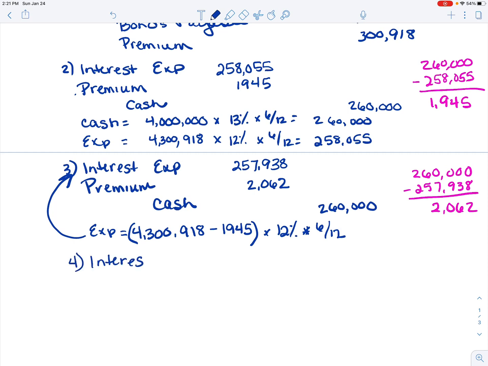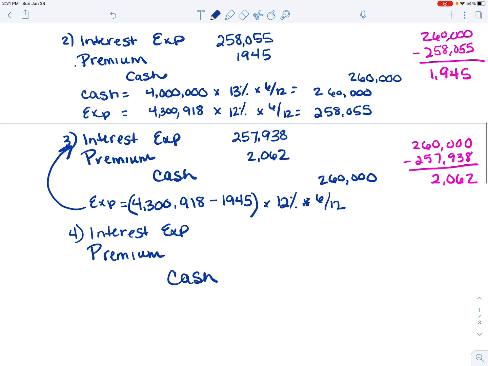Again, our interest expense doesn't change. The account name, I shouldn't say interest expense, I mean the premium, cash. That cash amount again will not change. But now we have to recalculate our interest expense. You're going to need to do that for every interest payment.